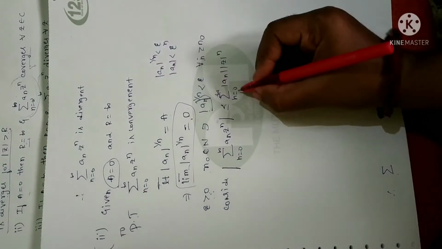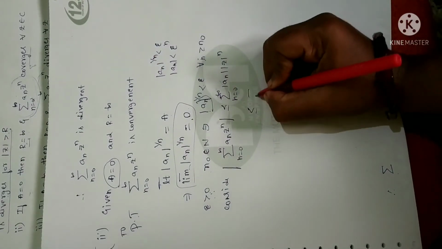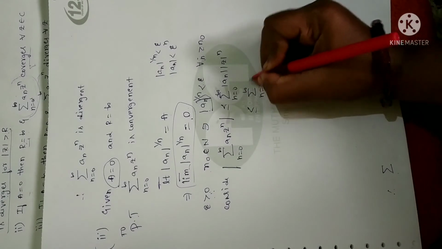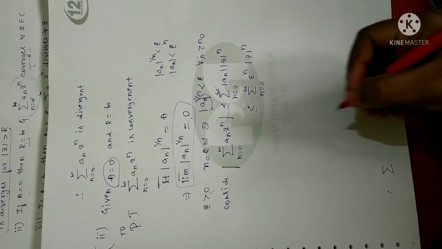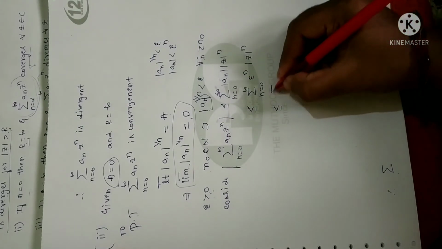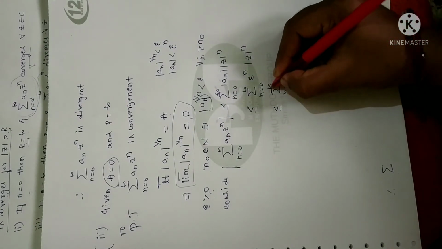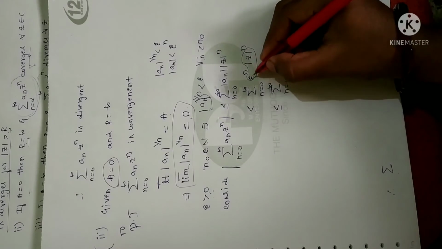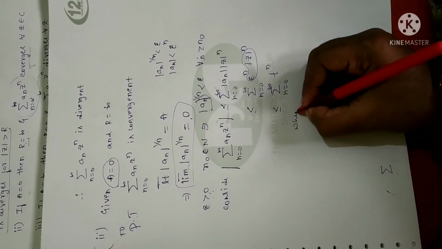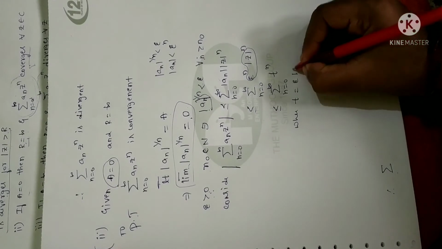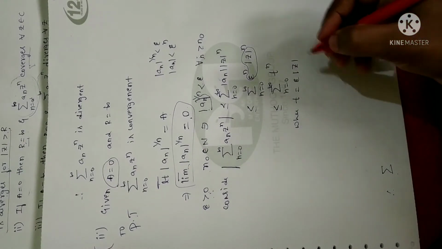So I can write the first term as summation n is equal to 0 to infinity epsilon power of n into mod z power of n. With this, I can write the summation n is equal to 0 to infinity. Since the power is the same, I can take the base value as t, where t is equal to epsilon into mod z. And obviously it will be less than 1.